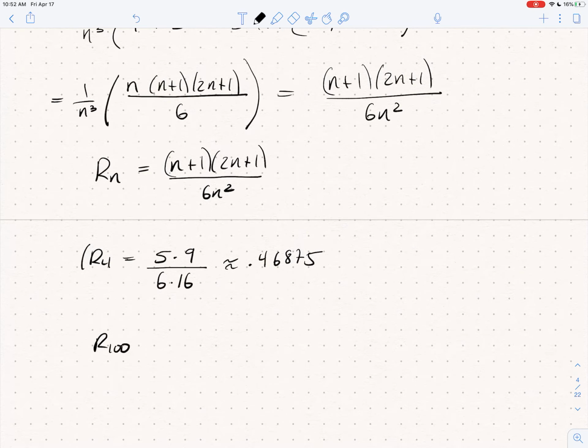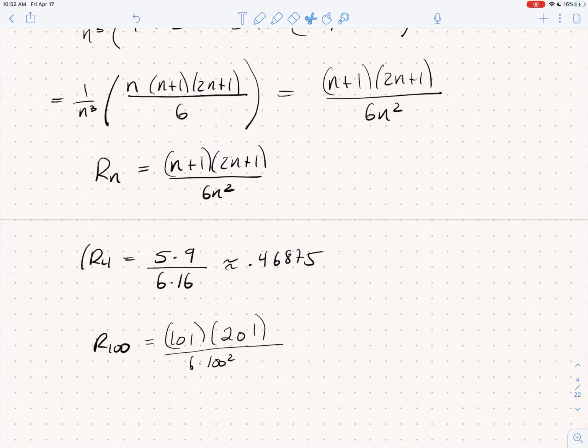You could estimate with R100 now, with 100 rectangles, and you're going to get 101 times 201 over 6 times 100 squared, and I'm not going to estimate it, but the point is, you can estimate the area as accurately as you want, but that's actually not the point.